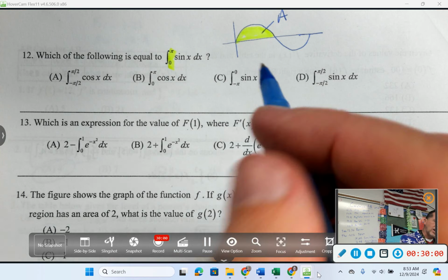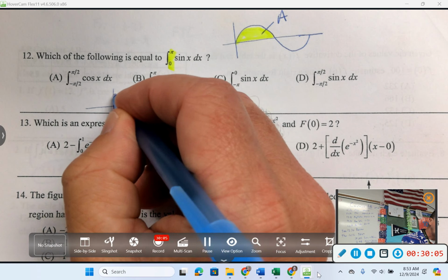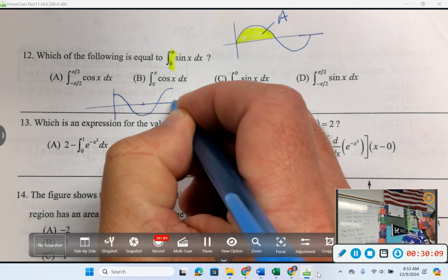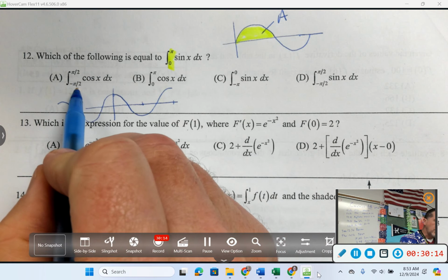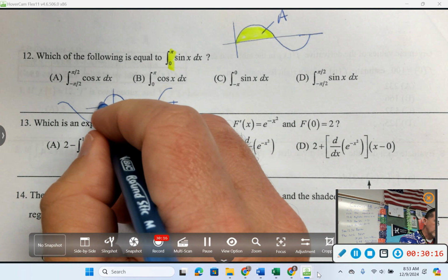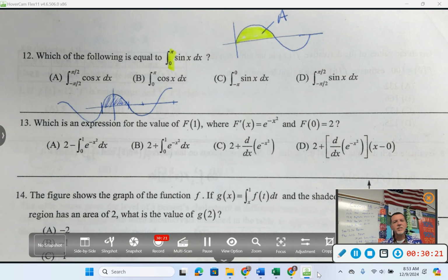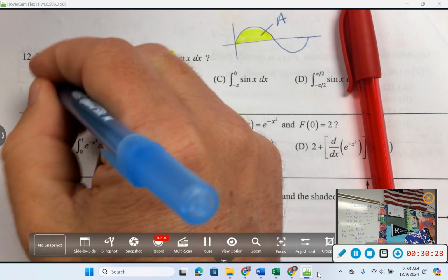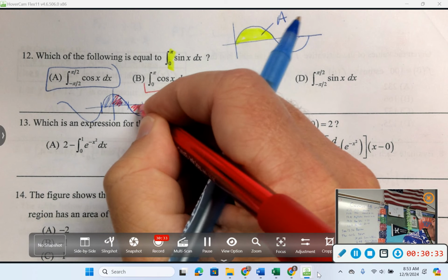So the question is, let's draw a cosine graph. Cosine starts at the top. It does that. So from negative pi over 2 to pi over 2, there's our answer. That's the same area. All right, 0 to pi would be that area.